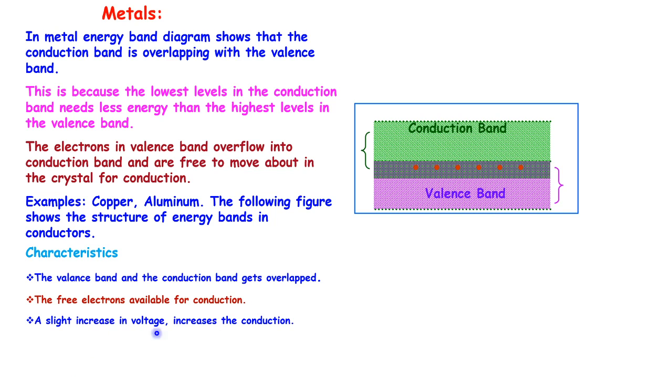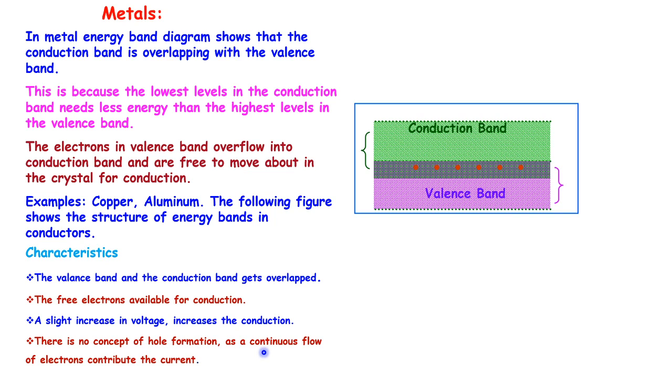A slight increase in voltage increases the conduction, and there is no concept of hole formation, as the continuous flow of electrons contributes to the current. Now how do we define the semiconductor?